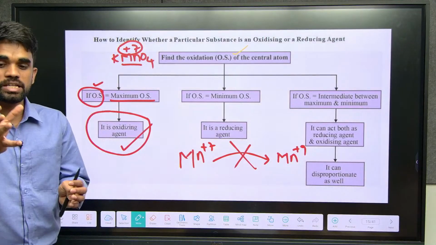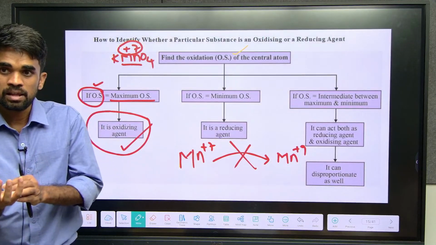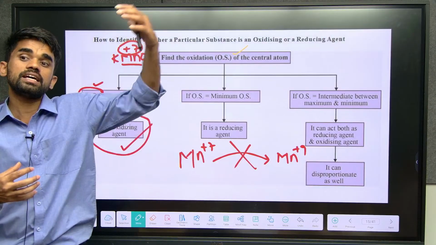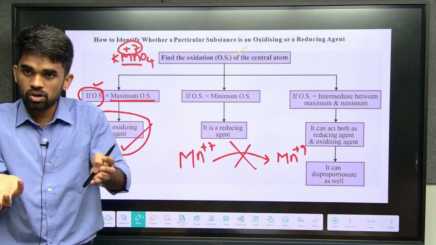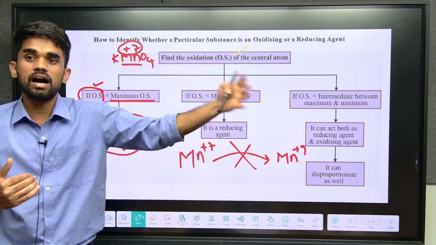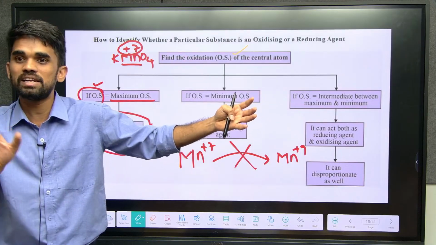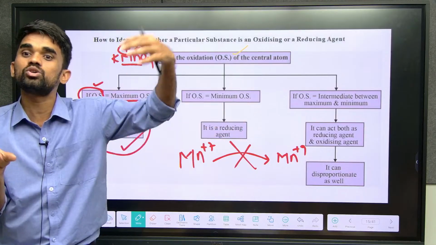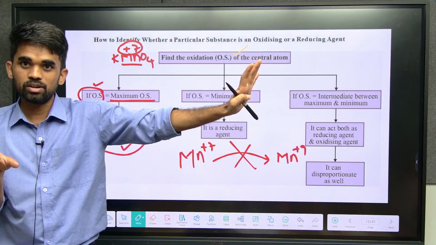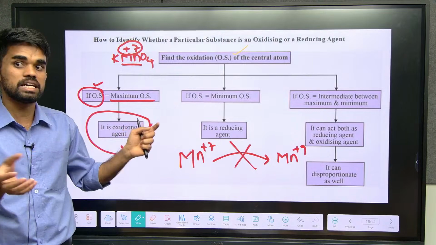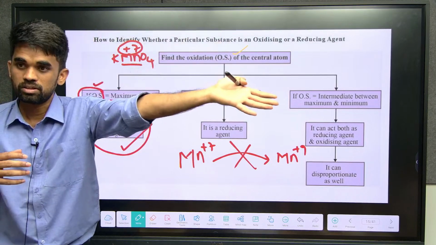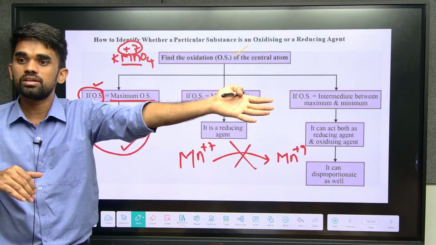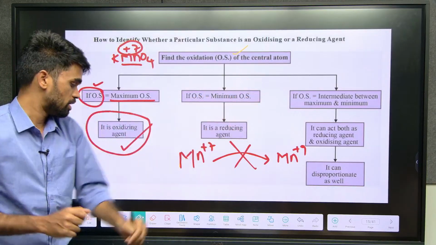An oxidizing agent will undergo reduction and oxidize others. Like a travel agent: a travel agent won't travel, he will make others travel. Yes or no? Similarly, an oxidizing agent will not undergo oxidation itself; it makes others undergo oxidation while it undergoes reduction. Is this clear, everyone?